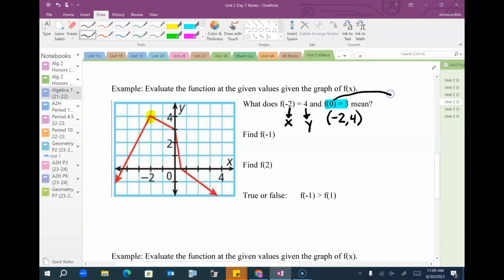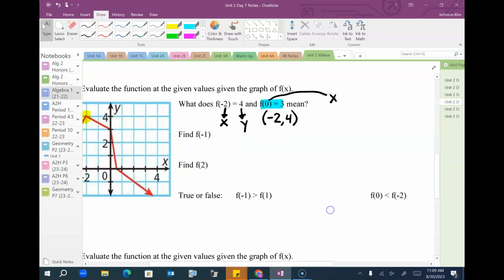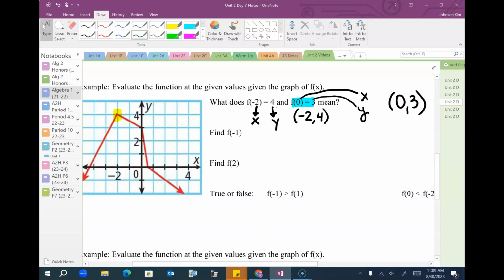So that's telling us that our input x is 0 and our output y is 3, which gives us the ordered pair 0, comma 3. So if I go over to the graph, I'm going to just check, is 0, comma 3 an ordered pair? It sure is.